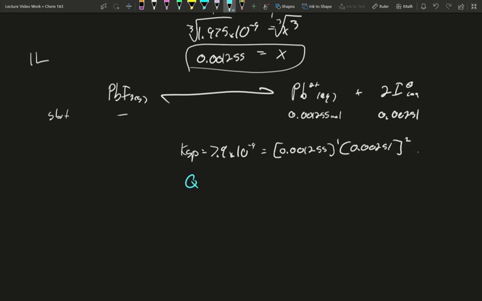Let's increase one of these. So if I had the same lead concentration, 0.001255, but I raised my I minus to 0.0251, let's just move it up 1 decimal. So we shift that decimal over 1. It is 10 times more.